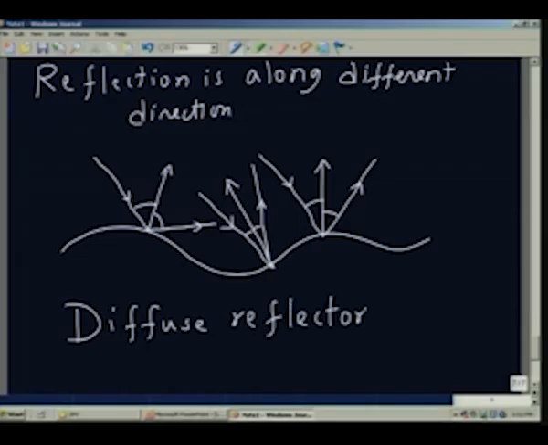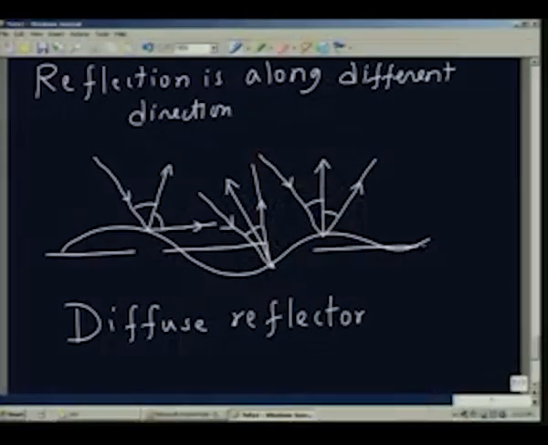So, we have two extremes. We have an optically plane smooth surface, and we have an optically rough so called plane surface, but of course, the mean line is here. Even here I can draw a mean line. This is the mean surface, but the actual surface is undulating.